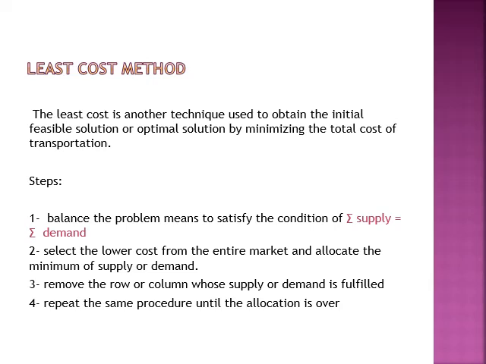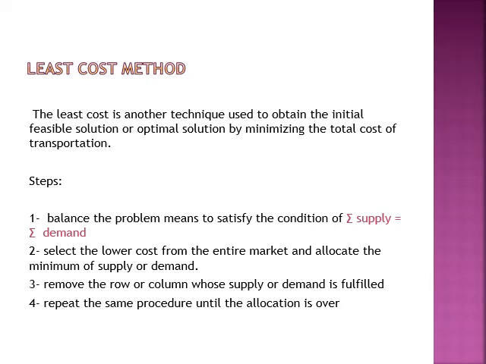So the main pointer in this method is the least cost. Choose the least cost and allocate the needs of the cell which contains that least cost. We are going to repeat the same steps until the allocation is over.